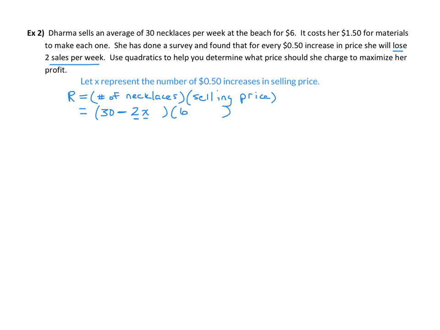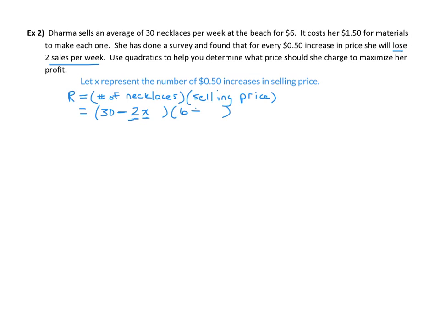So 2 times 1 is 2, and that takes us to 30 minus 2, which is 28 necklaces. If we increase by two groups of 50 cents, we're going to lose 2 groups of 2 sales, which will be 4 sales, and this will now become 26 necklaces.